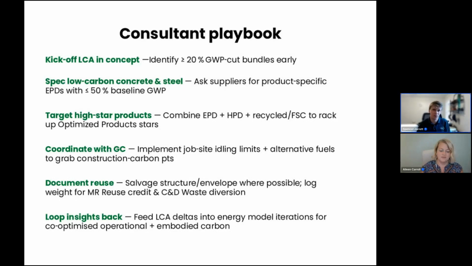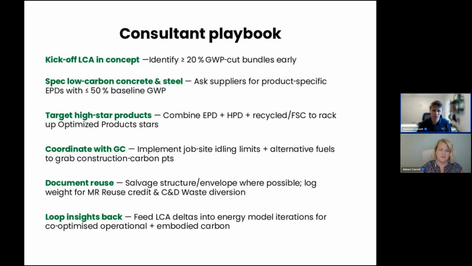And then the last thing you can do is feed some of your LCA deltas into your energy model iterations. So this goes back to some of those synergies that we talked about at the beginning. If you are looking at the building really as a system rather than going after strictly the points, you can probably find a lot more savings from both an operational and embodied carbon standpoint.